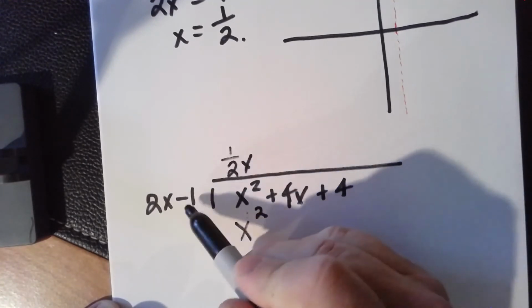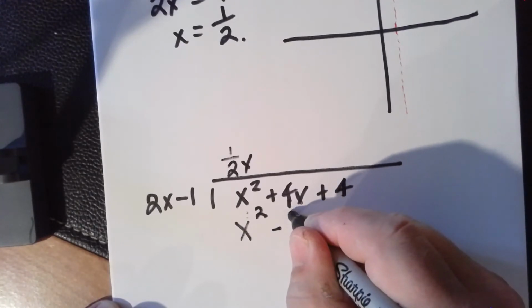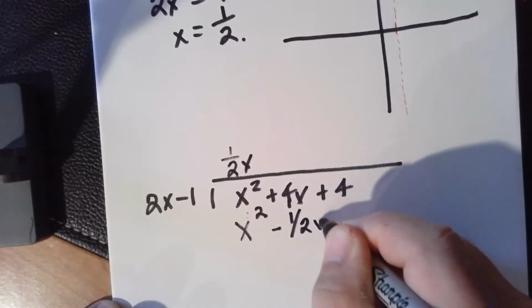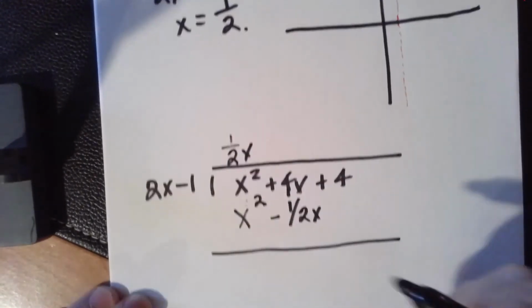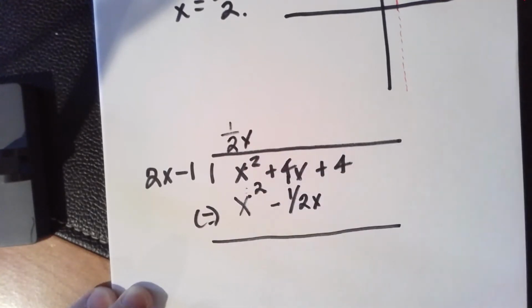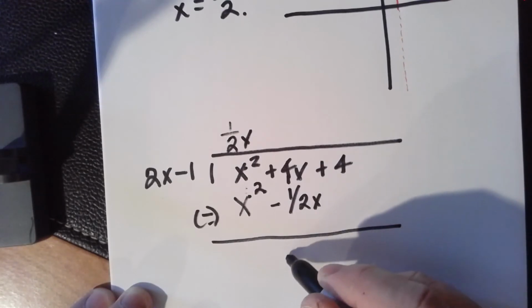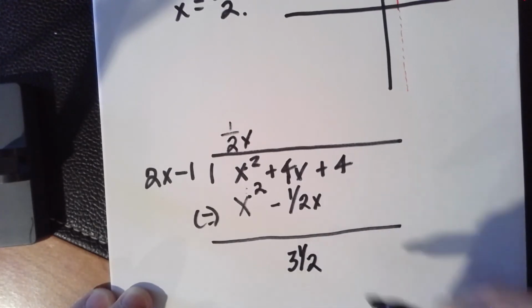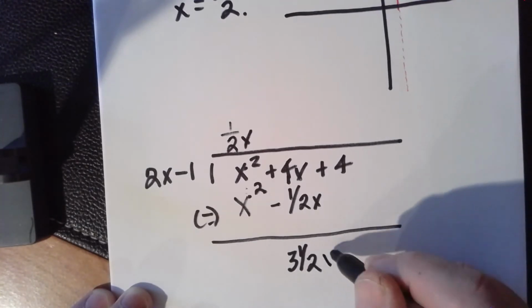And then 1/2 times -1 is -1/2 x. Change your signs when you do, like you do in long division. Put a big subtraction out here, so that's going to go away. But here I have basically 3.5, and I'll write it like that, x.